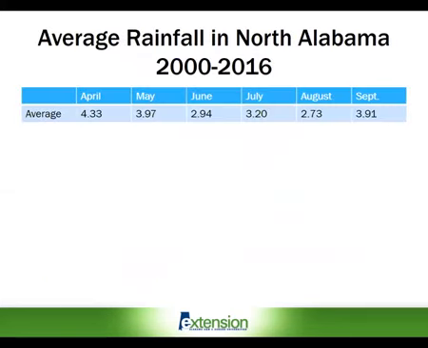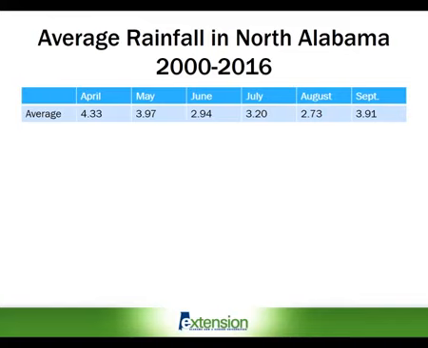Now, some growers tell me, well, I don't think I'm going to get as favorable a weather pattern, so I'm going to like to plant later, in mid to late May to June. But when you look at our average rainfall in North Alabama, 2000 to 2016, taken from the weather stations here in North Alabama, you see that there's not much difference in rainfall from June, July, and August.